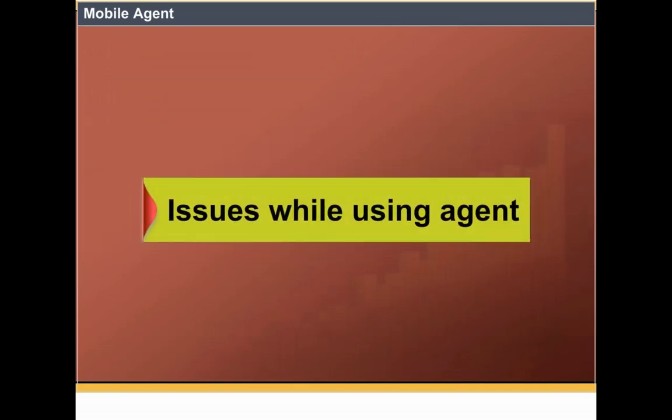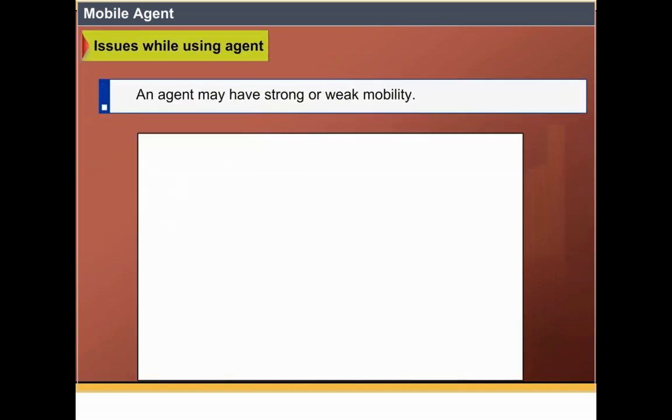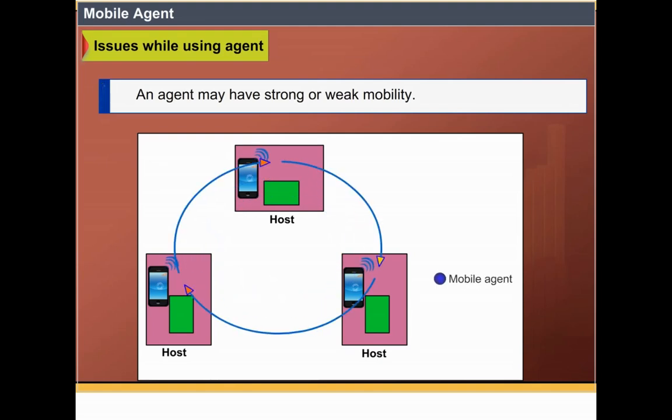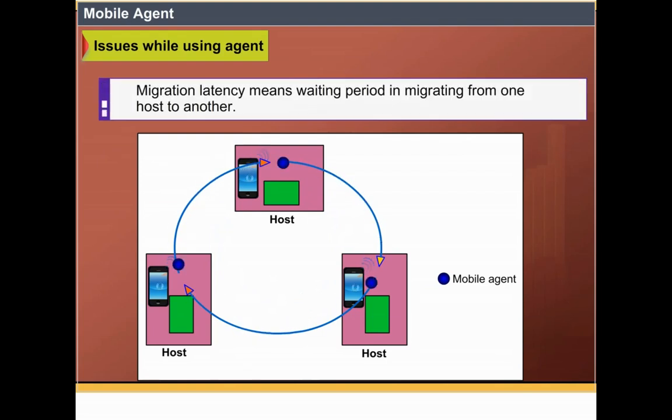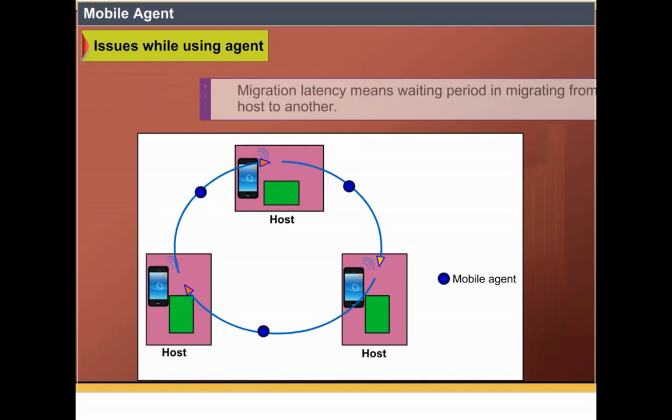Issues in use of agent. An agent may have strong or weak mobility. An agent possesses migration and collaboration latencies. Migration latency means waiting period in migrating from one host to another.